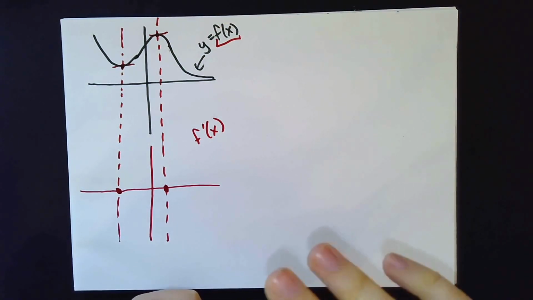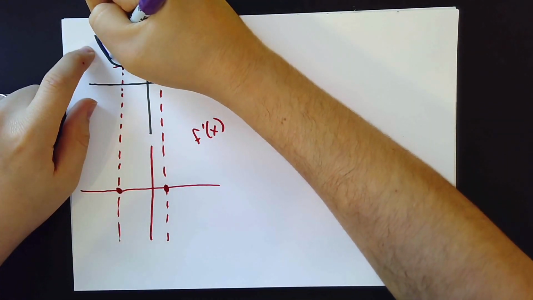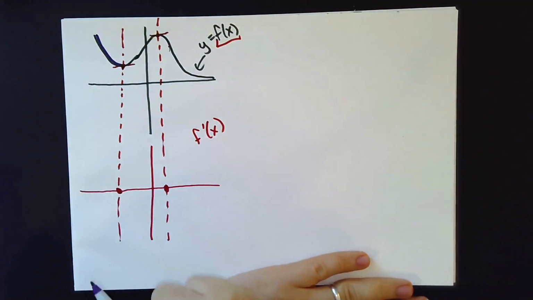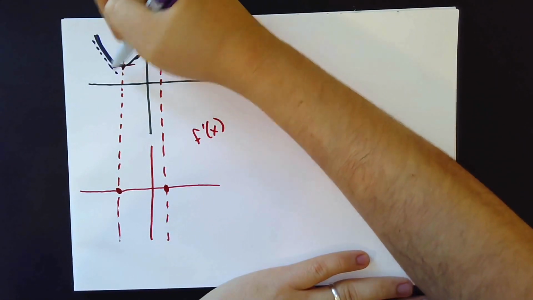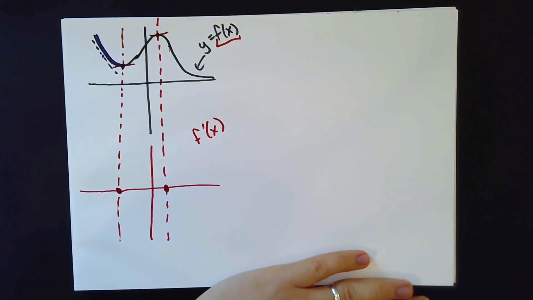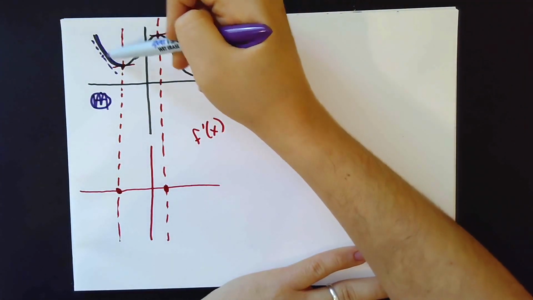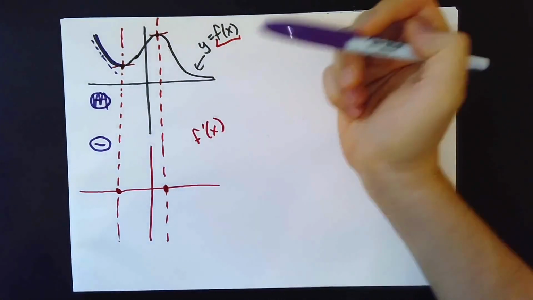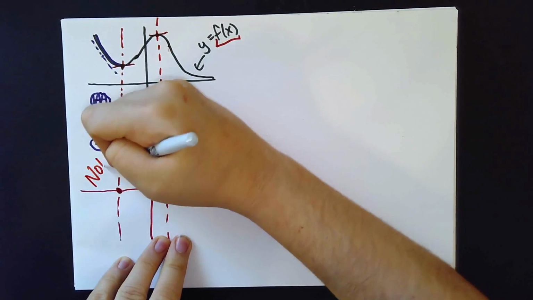So if I look at just this piece of the graph, is the derivative positive or negative? Well, if I drew in a tangent line at any point on here, it would look something like that, and that has a negative slope. So everywhere in this first piece, the derivative is going to be negative. That is to say, the graph of the derivative is going to live down here in this corner. It's not going to touch this piece at all.